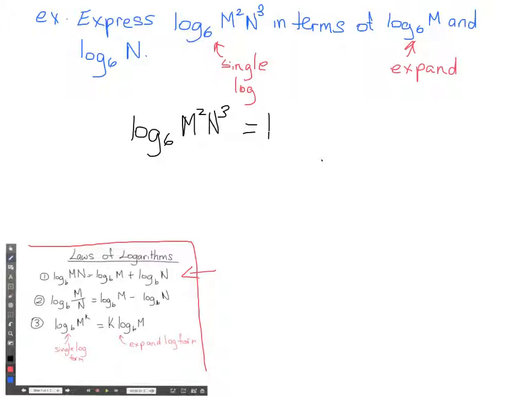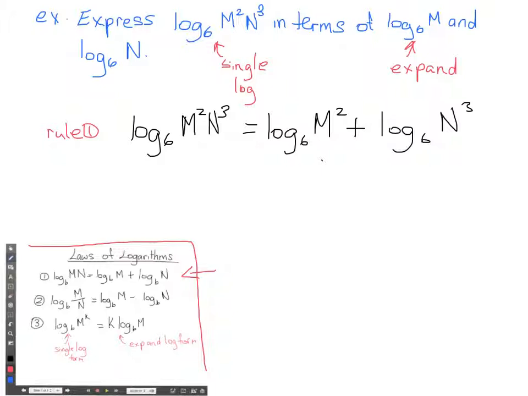So that turns into log to the base 6 of m squared plus log to the base 6 of n to the third. And again, that is from rule 1. But it's not done here because we have exponents here and here, and we don't want them in our expanded form.